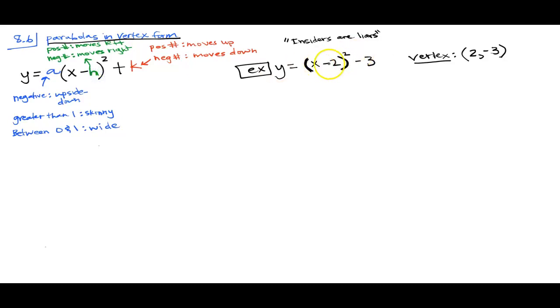Since it is an x minus 2, when there's a minus there, that's moving it right 2 places. And then that negative 3 also is telling us that it's going to be moving down 3 places.